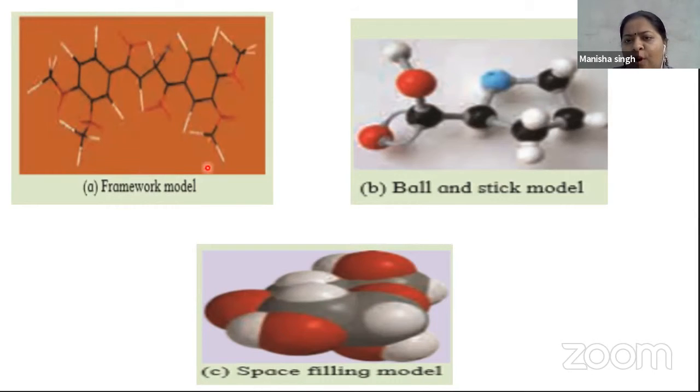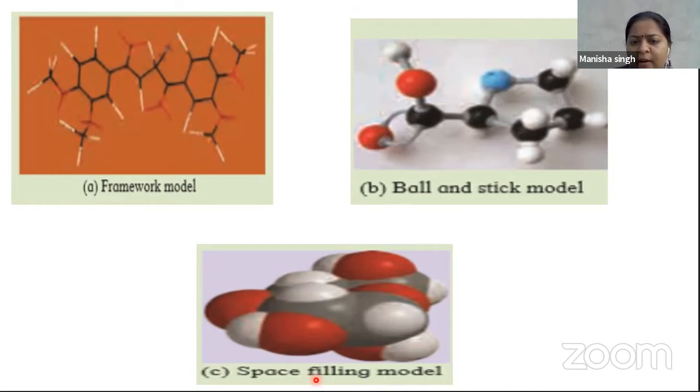Now next one, the ball and stick model. In this, the ball represents the atom and the stick represents the bonds. So in this you can see both bonds and atoms. Now the next one is the space filling model.